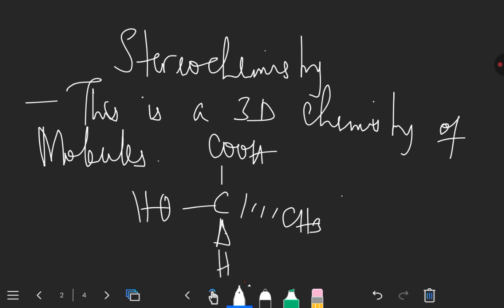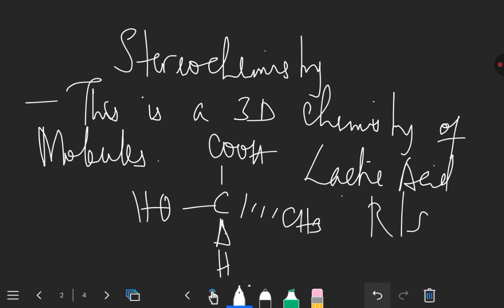So this is the structure of lactate, or lactic acid rather, which is also known as ethanoic acid. So we can determine the RS configuration.